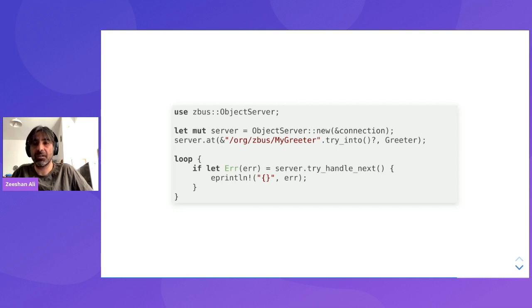Actually, I didn't say it, but each object can support multiple interfaces, and they are dynamic. So an object can have an interface at a specific time, and then after a while it doesn't. So it's pretty dynamic. But in any case, you declare that from now on you have this interface, and you just serve it. You can loop it, and we handle all the incoming messages in this loop.